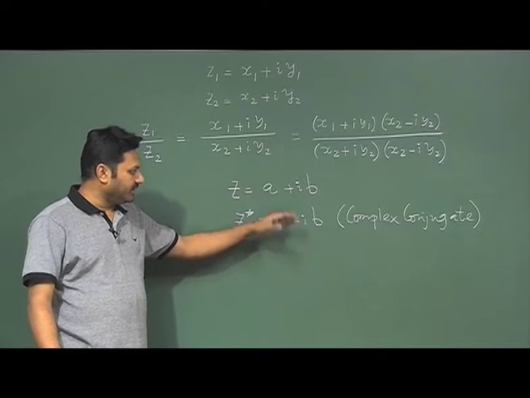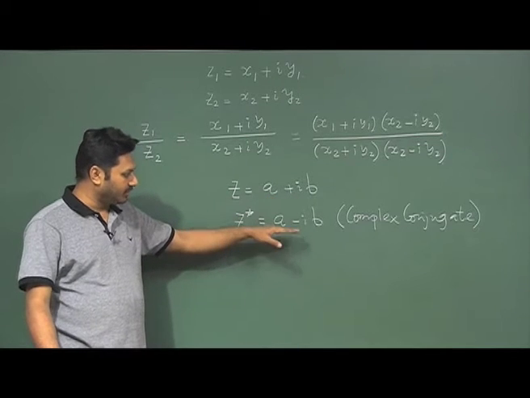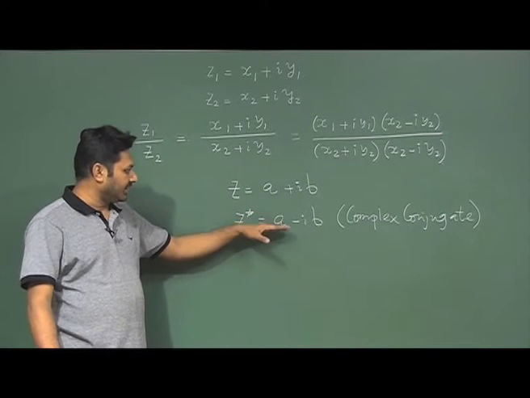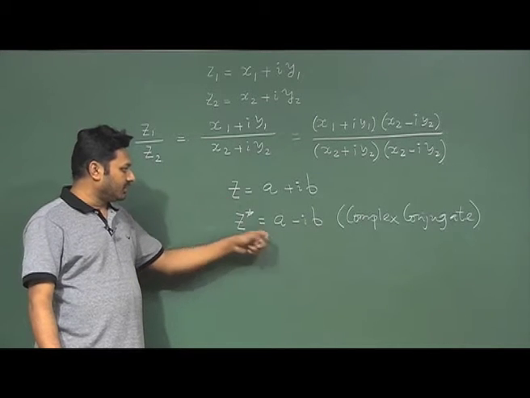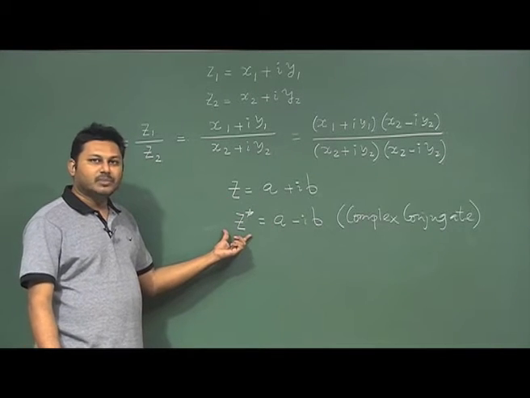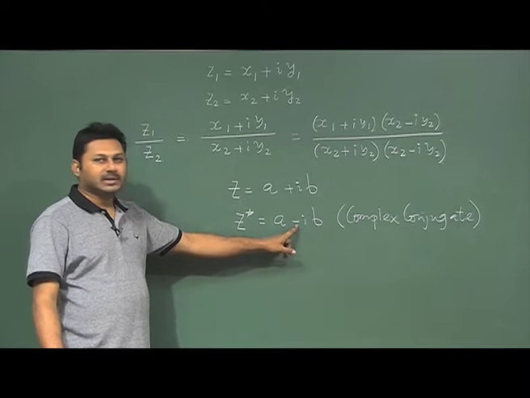What is the geometrical significance of these two numbers, I will say later, but let us first understand the meaning of this. By definition, when I make a complex conjugate, my I will be minus I.